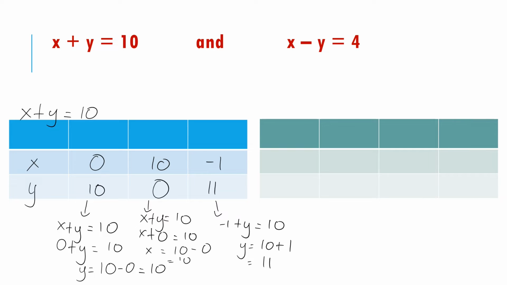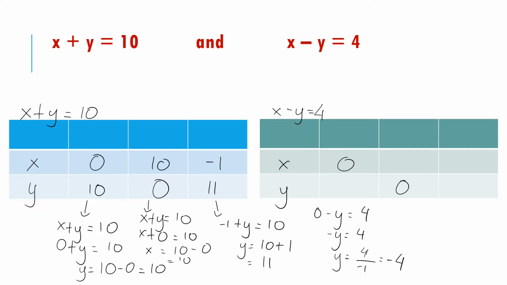Now do the same steps for x minus y equals 4. As usual, x is 0, y is 0. When x equals 0, minus y equals 4, so y is 4 divided by minus 1, equals minus 4.